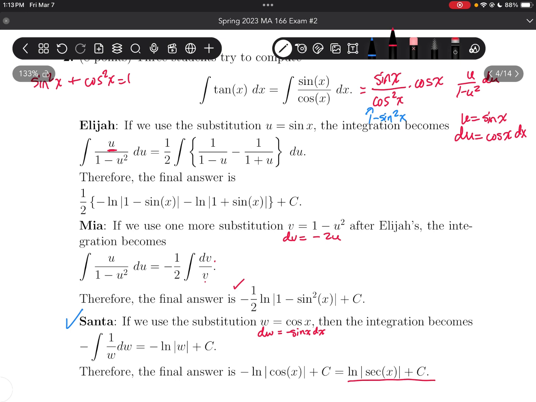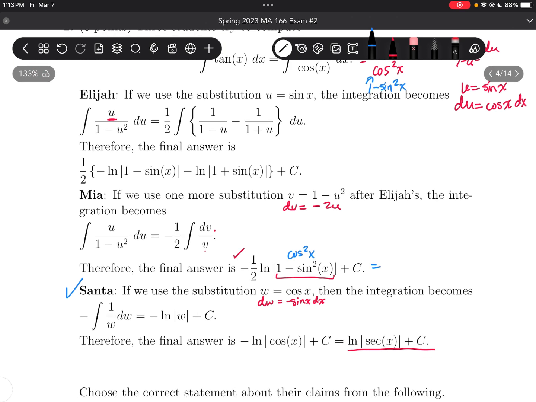So let's take a look at Mia's answer first. If you'll notice, Mia's answer has this 1 minus sine squared x term in it. And by the Pythagorean identity, this is equal to cosine squared x. Okay, and so that means her answer is equal to this.